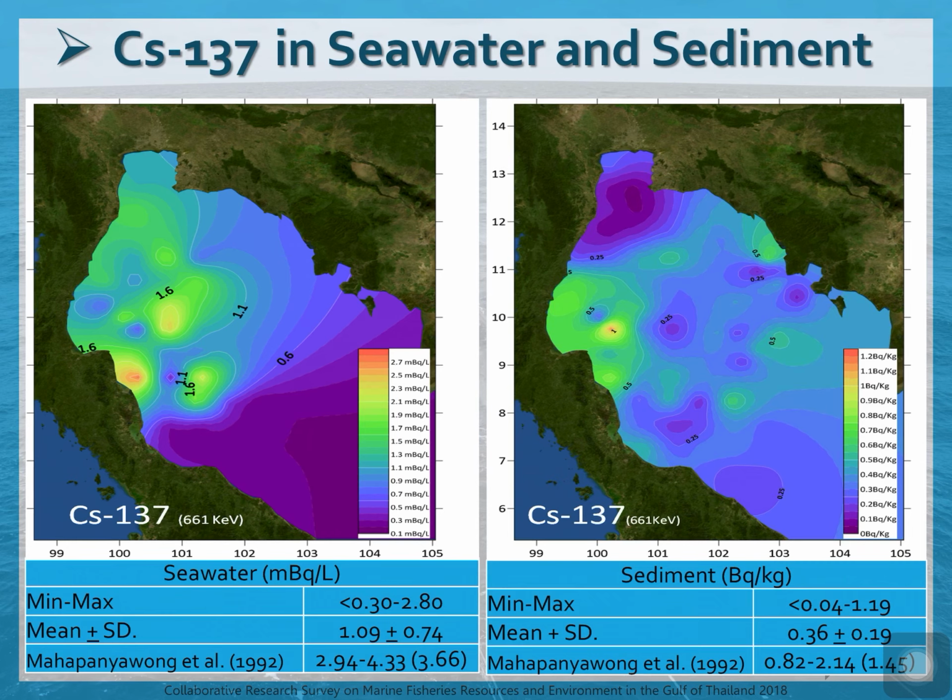Moving on to the last radionuclide that we are interested in, which is the cesium-137 in seawater and sediments. We found a mean of 1.09 millibecquerel per liter and a mean of 0.36 becquerel per kilogram in seawater and sediment respectively.